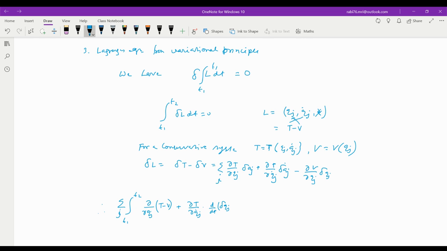Just interchanging the differential, nothing else. And there will be a delta qj. The whole thing will be inside the dt.